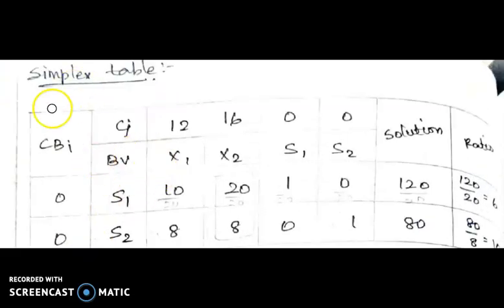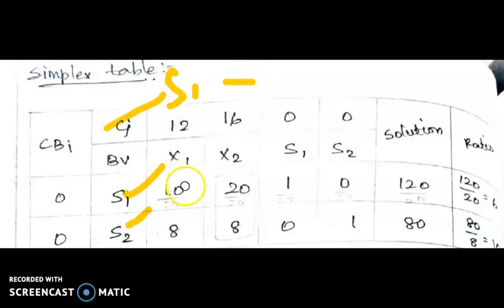In that simplex table, we list the basic variables, S1 and S2, the slack variables. Here the solution values should be 120 and 80.